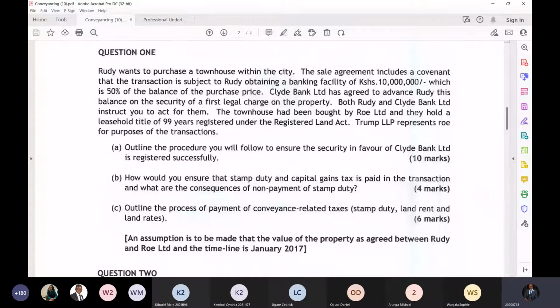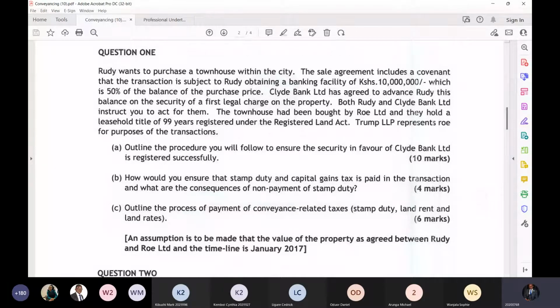There is simultaneous registration of the transfer and the charge in favor of the bank. Practically speaking, that's what will happen. Transfers will be prepared because you're also acting for the purchaser. Yeah, you can mention it here.